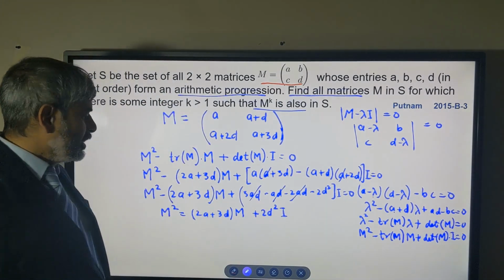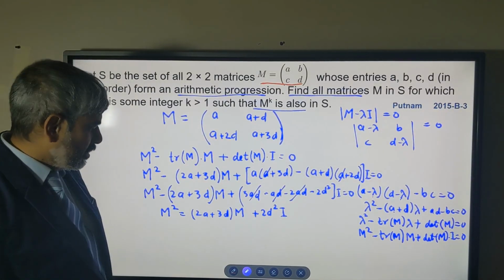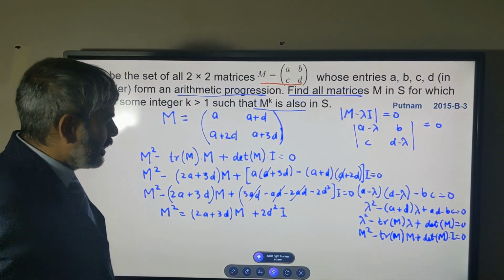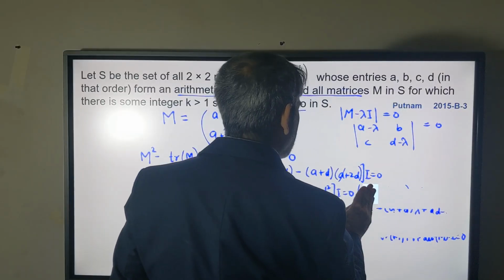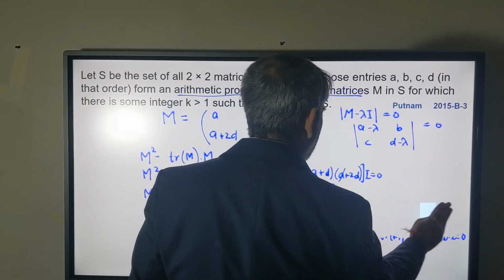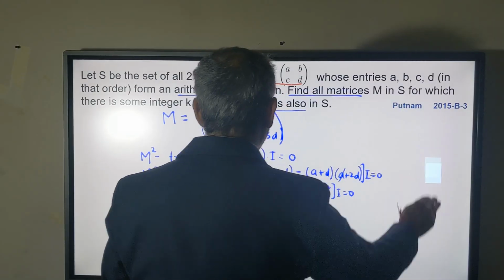That is how we can express M square in terms of the lower order of M, and that will form the basis of our discussion from here onwards, and from here we can move forward.